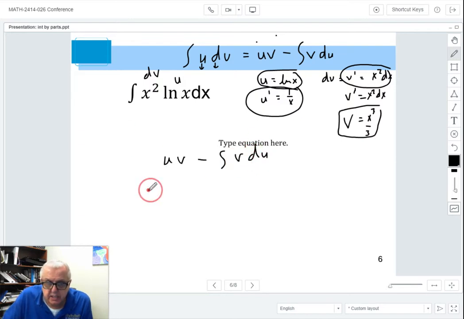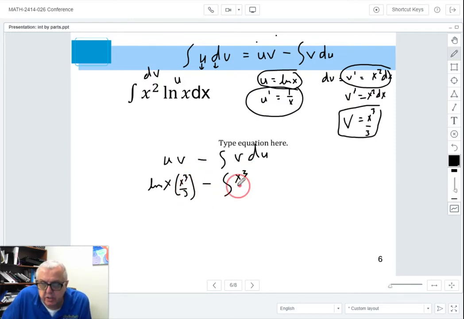U is ln x. V is x^3 over 3. Integrating v, x^3 over 3, times du. And du right here is 1 over x.